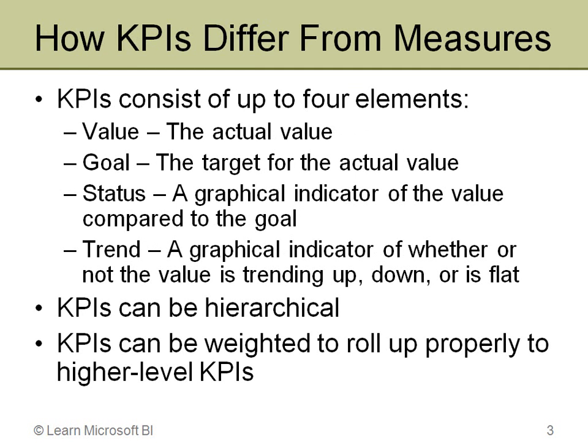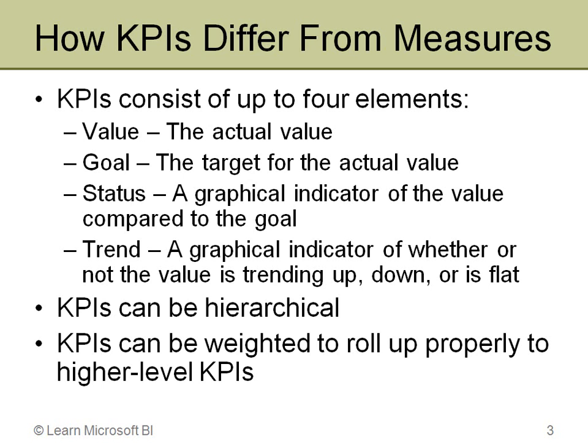Now, how do KPIs differ from measures? Well, KPIs consist of four elements or four components, and the first is the value, sometimes also called the actual, and this is just the actual value. It may simply be a measure, it may be a calculation. I'll show you examples of both of those. Then there is the goal, which is the target.